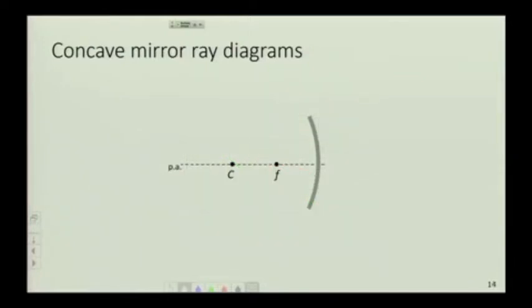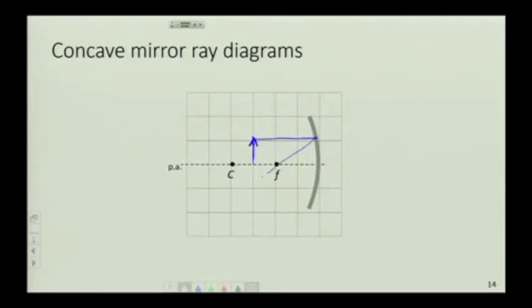Next case, let me draw the object over here. So that's my object. Once again, the same three rays. The ray that is parallel to the principal axis will reflect through the focal point.